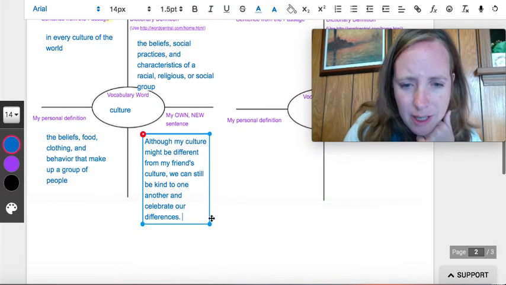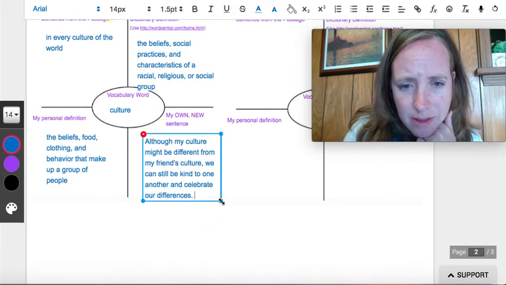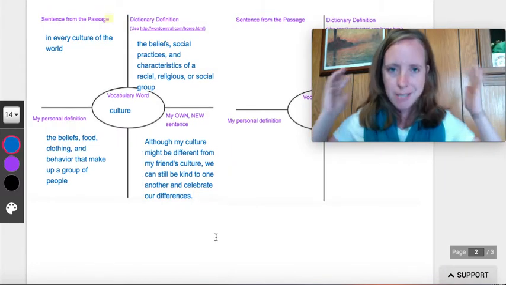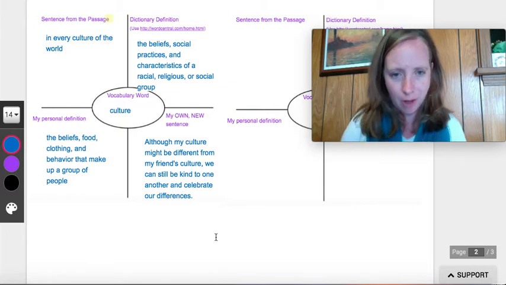I'm going to adjust this text box because I like it to fit a little bit better in there. Boom! Done! I have a very good understanding of culture now.